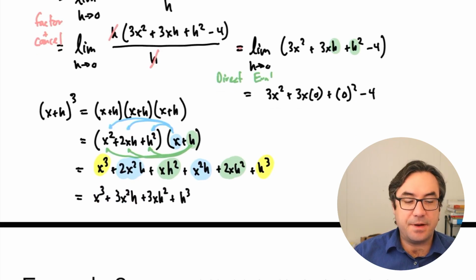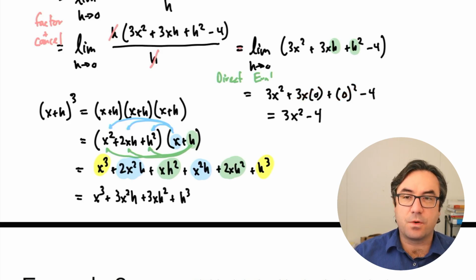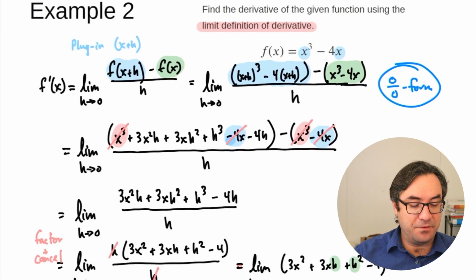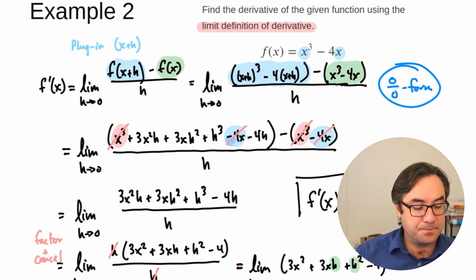If we simplify that down, those terms are 0, so we end up with just 3x squared minus 4. This result is the derivative. What we found is that f prime is 3x squared minus 4.